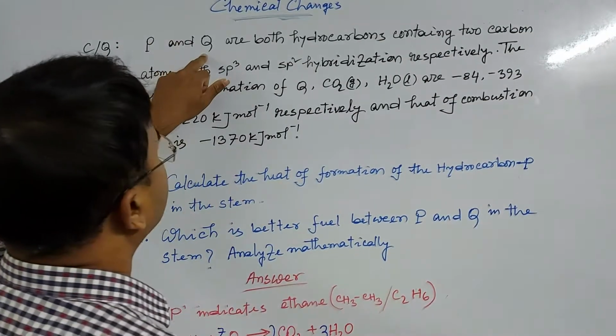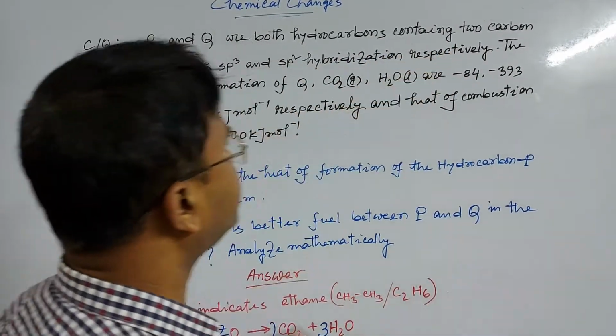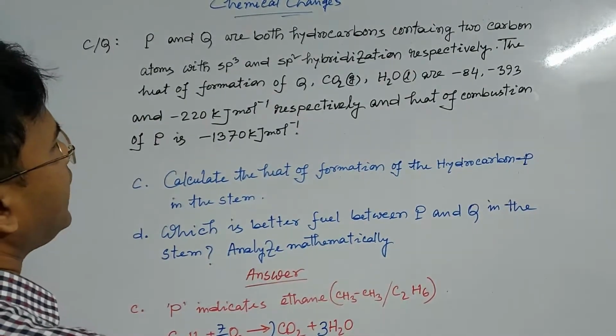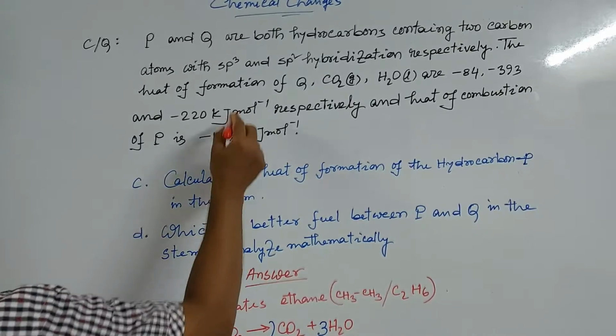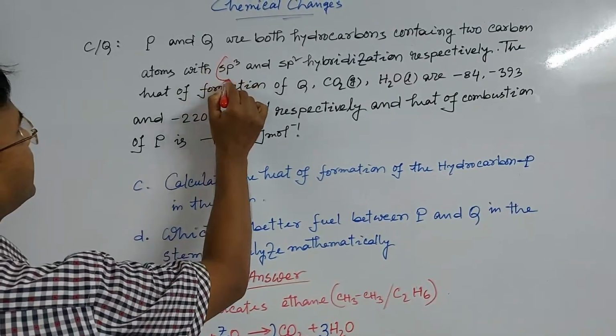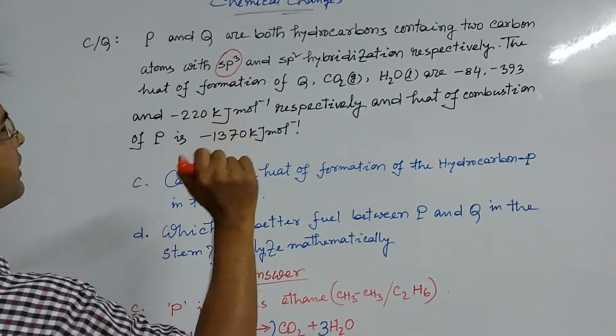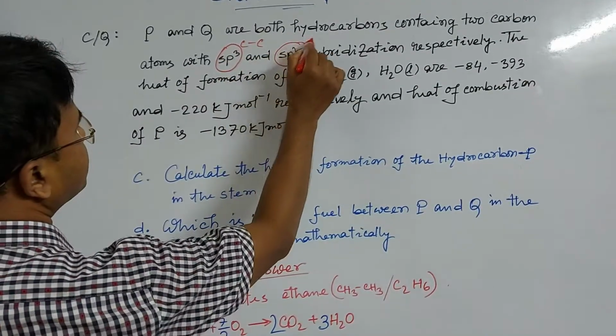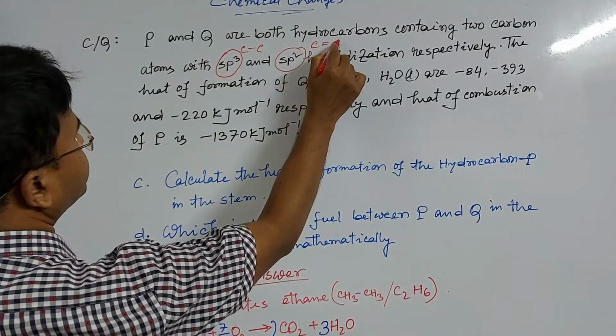P and Q are both hydrocarbons containing two carbon atoms with sp3 and sp2 hybridization respectively. But dear boys, all of you know that sp3 means a carbon-carbon single bond and sp2 means a carbon-carbon double bond.